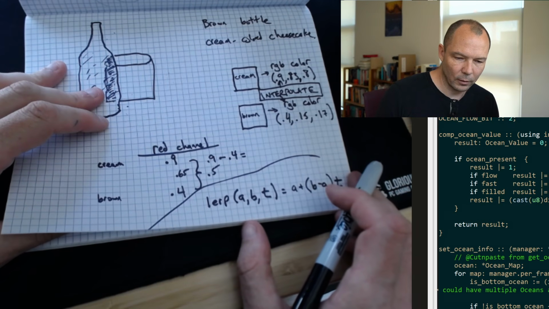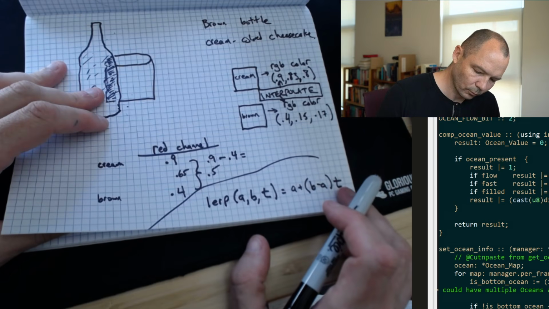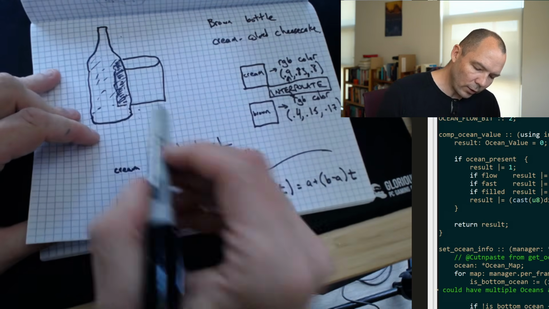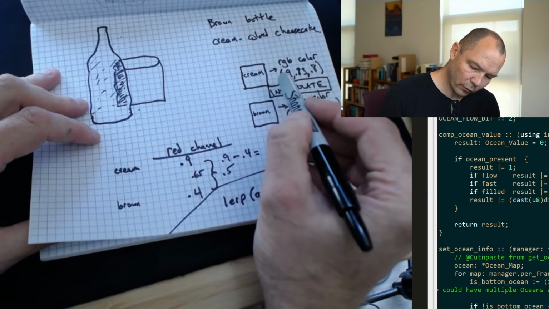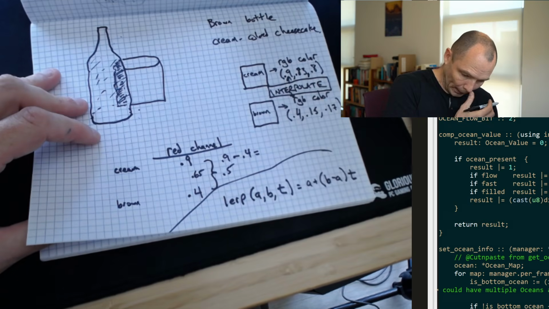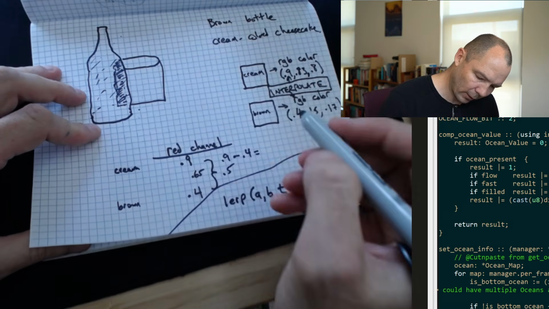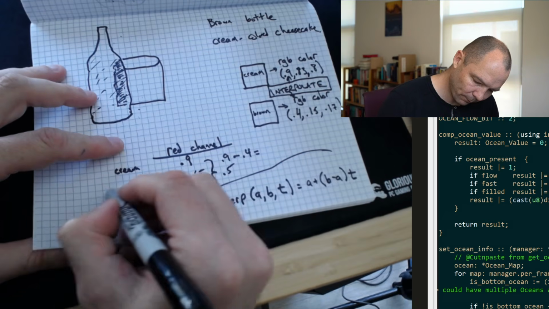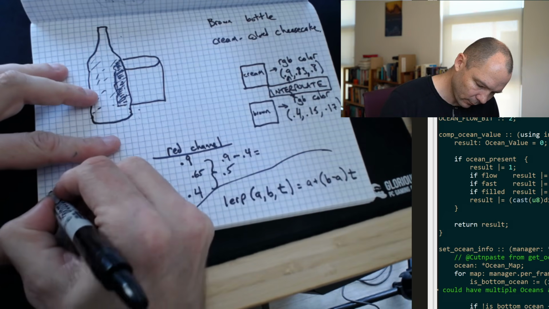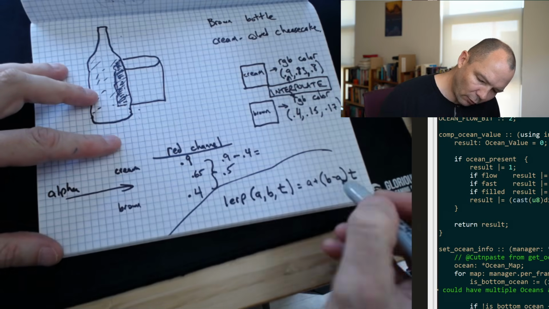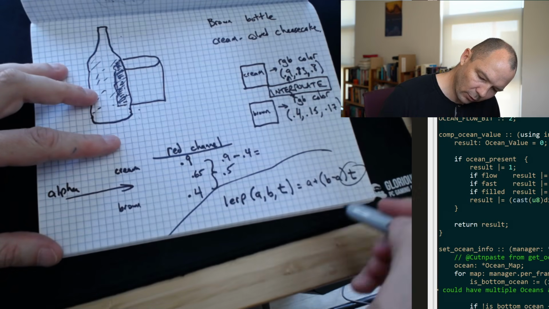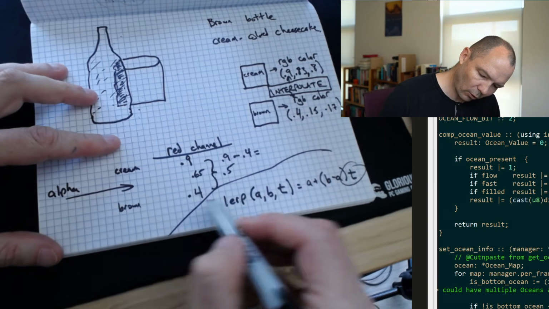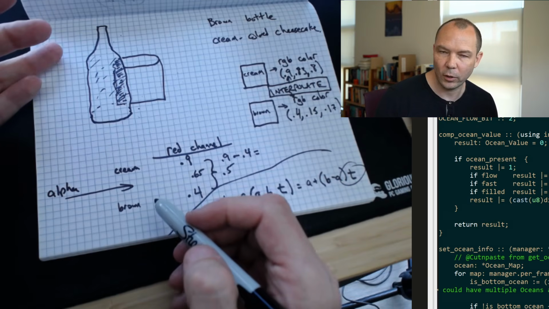Okay, so when you draw the beer bottle in front of the cheesecake, you have this alpha parameter, right? Alpha is actually this same t that you pass to the lerp. So if alpha is 0, the object actually won't show up at all.